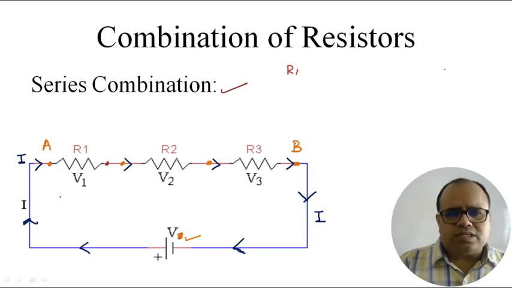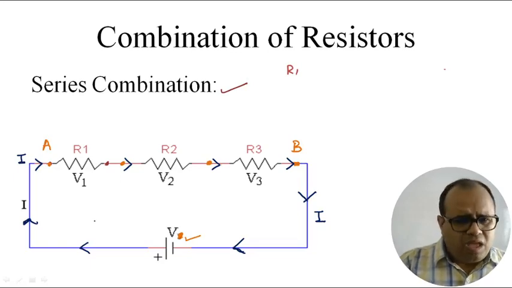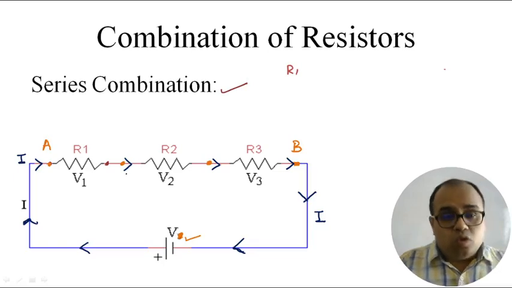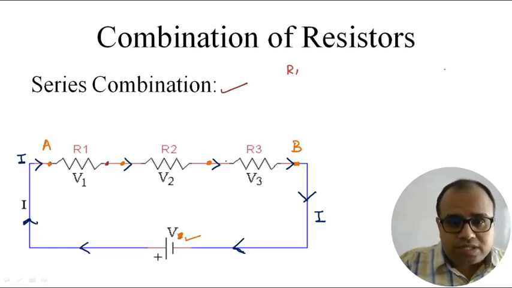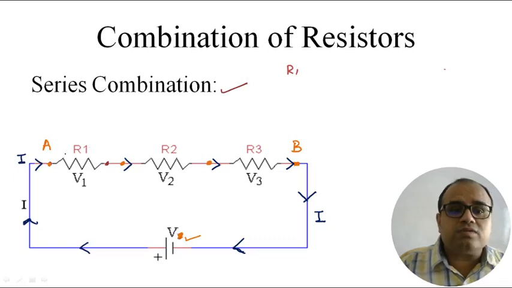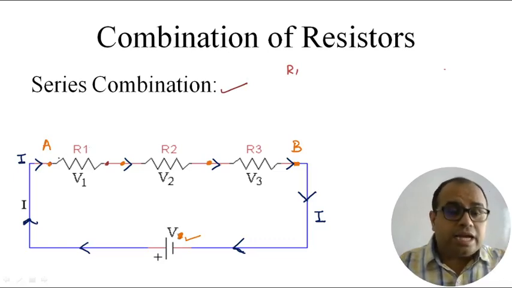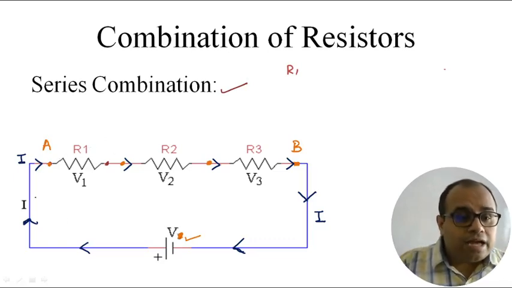Now try to understand this: when this current I is flowing, why is this current I flowing, how can we decide this? Do remember that to decide this, actually the resultant of the series combination is used. It is not the individual resistor which is deciding that current I is flowing out of this cell.